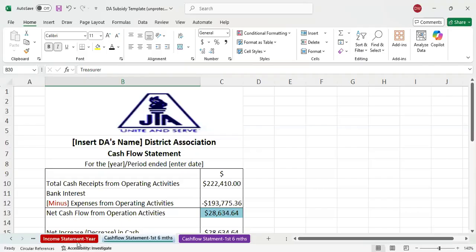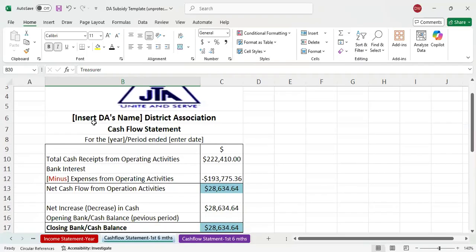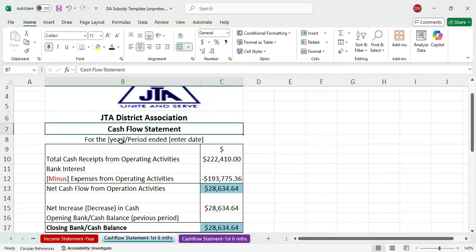Now, after completing your income statement, we will go on to the cash flow statement. What the cash flow statement is, is simply a summary of all the income and expenses, but there's one difference. Let me just begin here by entering the district's name, JTA District Association. This is the cash flow.